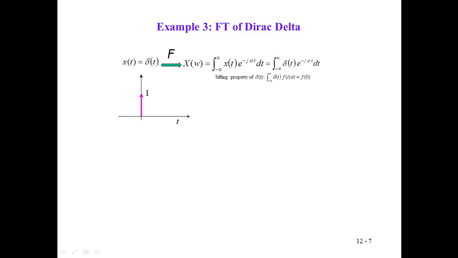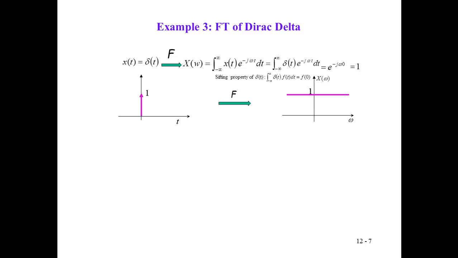So using this shifting property, we can easily see that the result of this integration is e to the power minus j omega 0, and that is 1, constant 1. And plotting this Fourier transform, we get constant 1 for all values of omega.